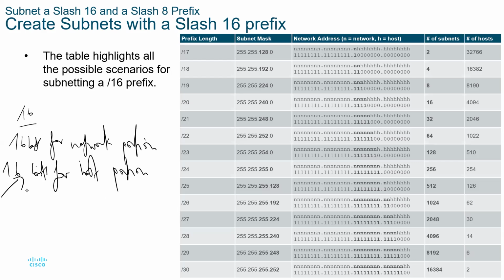So if I borrow 1 bit from the host portion, it will mean I will have a total of 17 on my network side. It will mean I can create 2 subnets, each subnet with 32,700 addresses. If I borrow 2, originally I have 16, I borrow 2, I now have a /18. The 2 I have borrowed will create 4 networks, and each will accommodate 16,380 addresses.